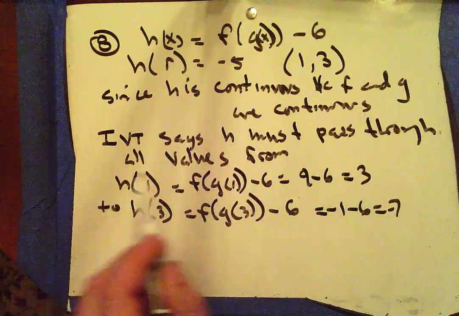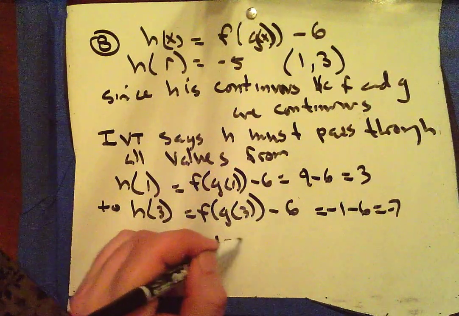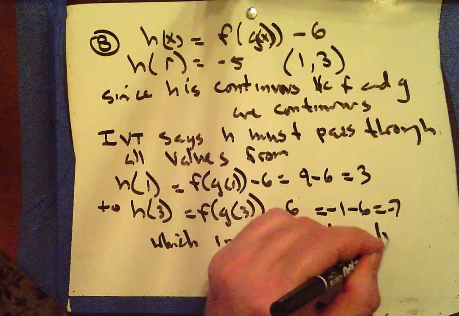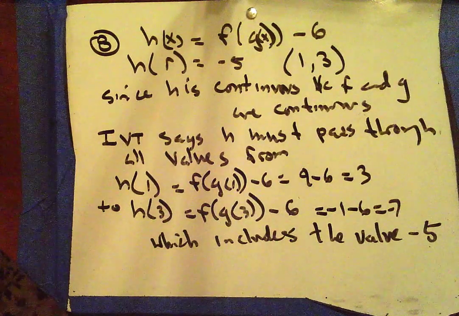So IVT says we must pass through all these values, which includes the value negative 5. This is the IVT question, part A.